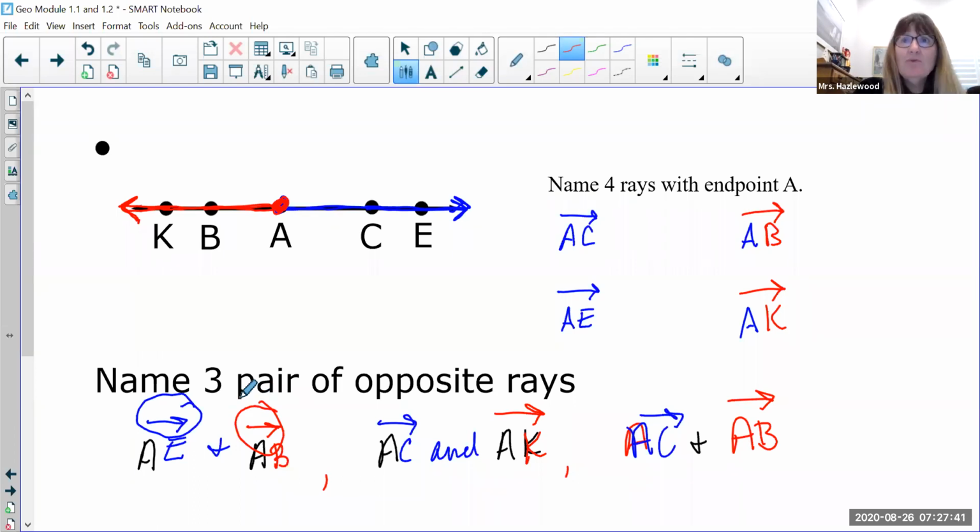That's not you writing out the word ray. You're not writing ray AE. You're using the notation for that ray. The only time you write the words out is with plane and point. And that's what I want to see.